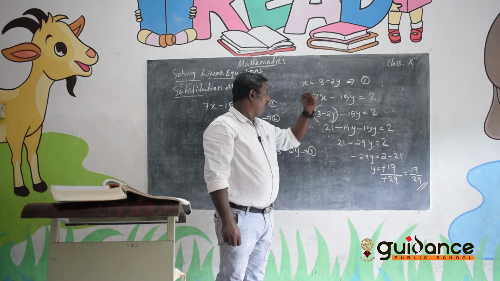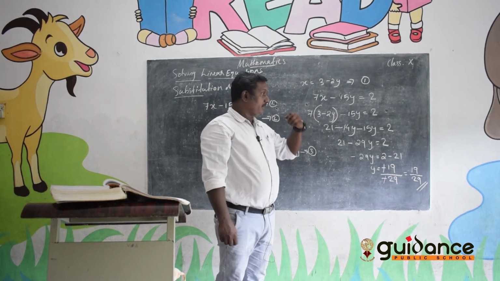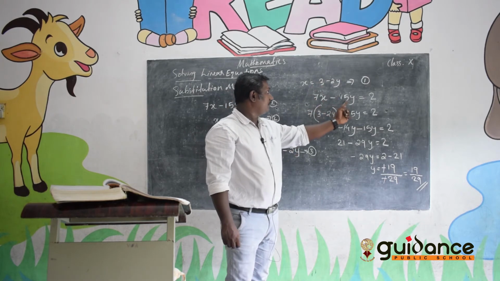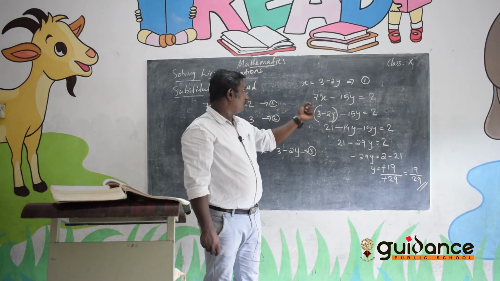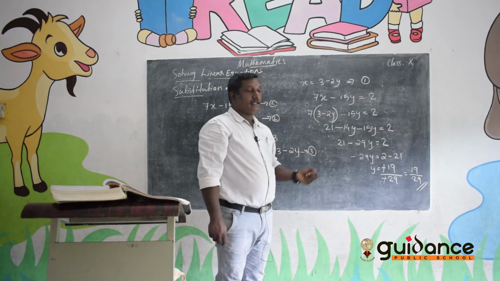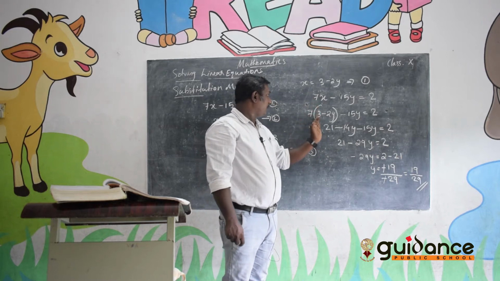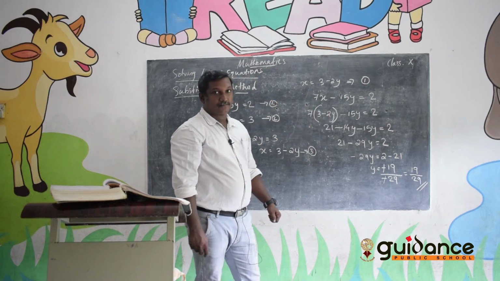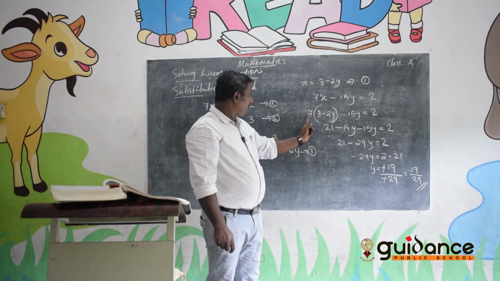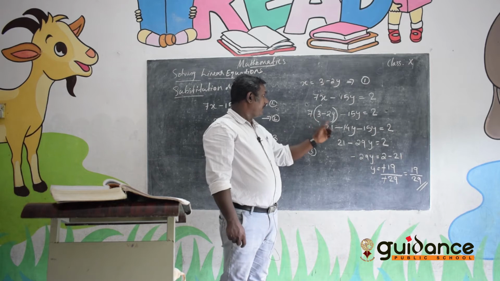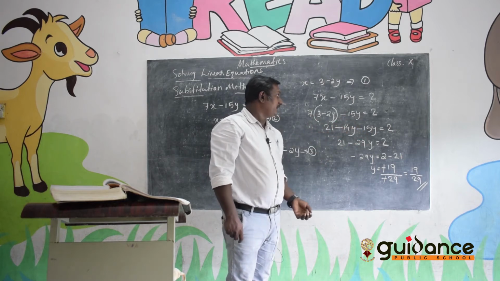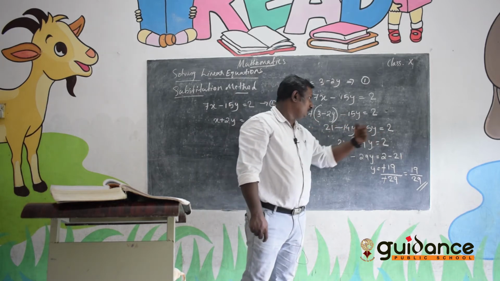Then we consider the first equation, 7x minus 15y equal to 2, and instead of x we substitute 3 minus 2y. Then we multiply: 7 times 3 is 21, 7 times 2 is 14, with the minus, then 15y, equal to 2.